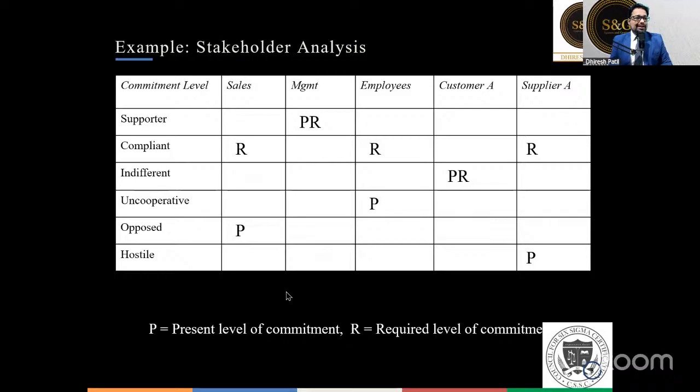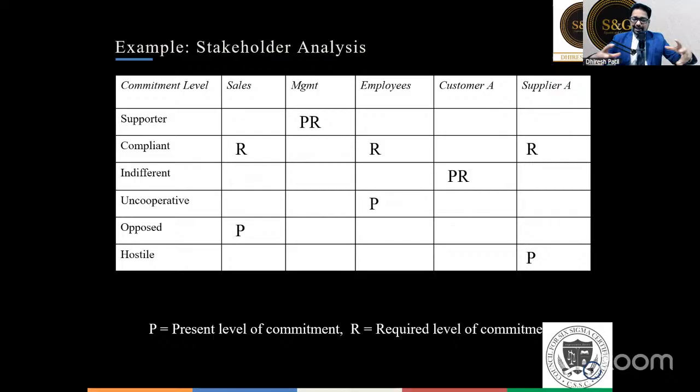What is stakeholder analysis? As we understood, stakeholders are the people who are getting impacted because of the problem, meaning the project. Now, what we do, we take a few optimistic people. Let's say, for example, we'll collect some optimistic people from sales, from the management, from the process employees, from the customer, from the supplier.